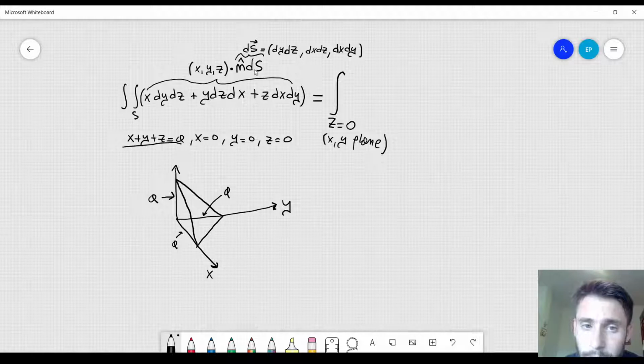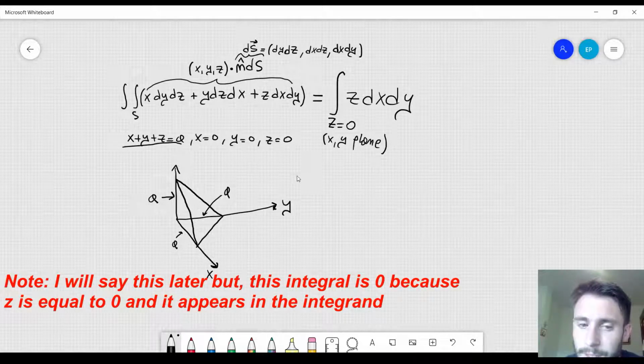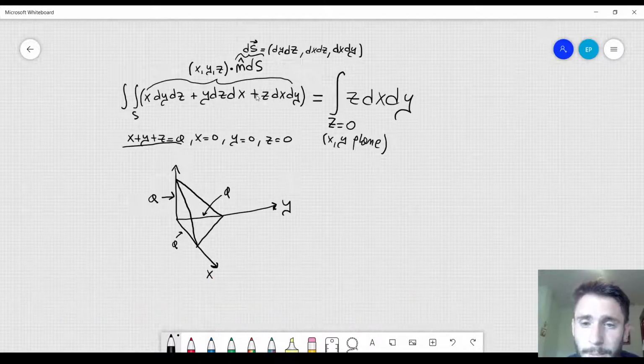If we take the dot product between this vector and this vector here, we are only interested in the z component, because the normal to this surface is equal to k. So we have z times dx dy. So we have to integrate dx dy over that surface. And that's quite intuitive, because we are integrating on the xy plane.